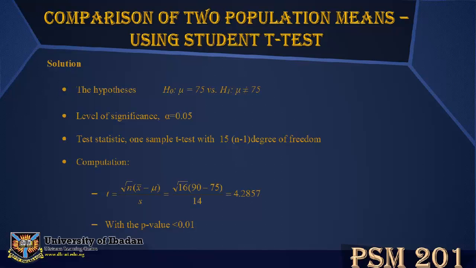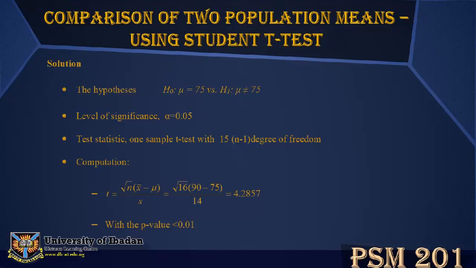Solution: the hypothesis: H0: mu is equal to 75 versus H1: mu is not equal to 75. Level of significance: alpha is equal to 0.05. Test statistic: one sample t-test with 15, that is n minus 1, degrees of freedom.